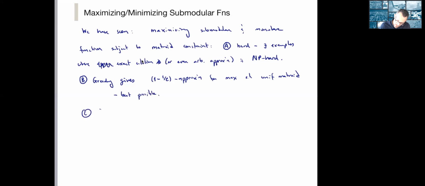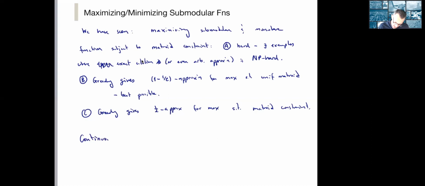And we also saw that greedy gives a 1/2 approximation for maximizing subject to an arbitrary matroid constraint. So already that's good. But we're interested in possibly other algorithms. So the next sequence of lectures are going to be on continuous extensions. And these are a different approach for maximizing and also minimizing.